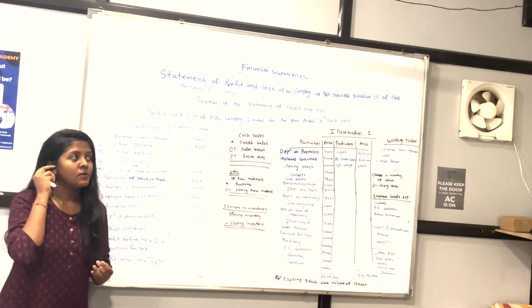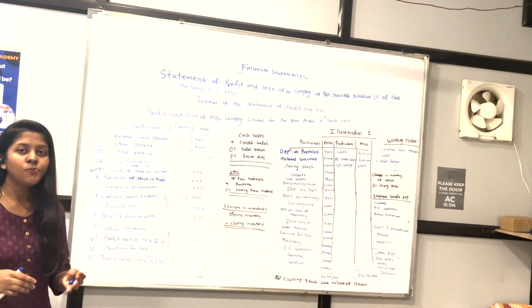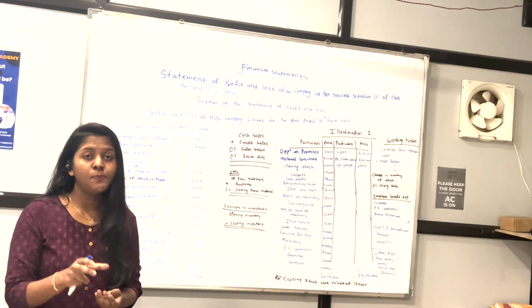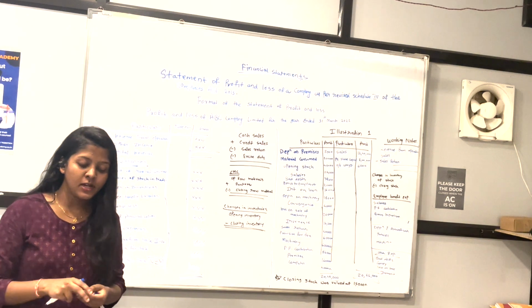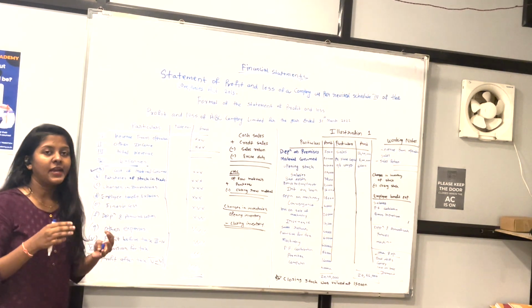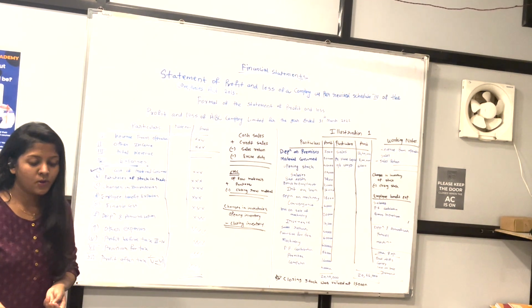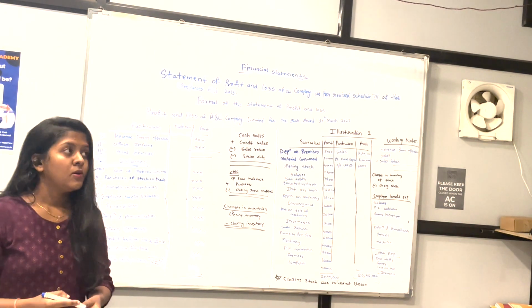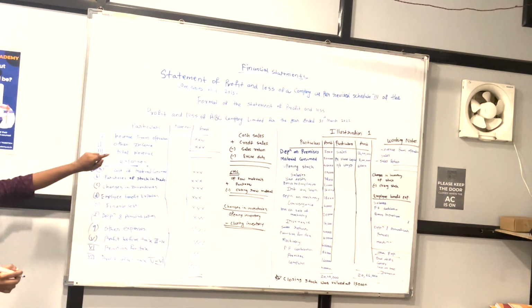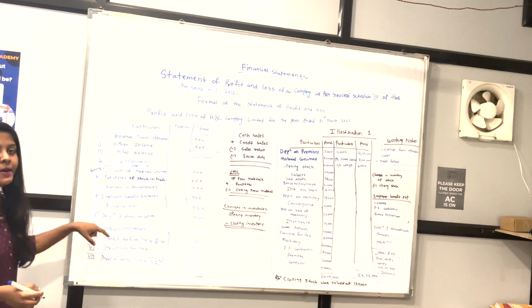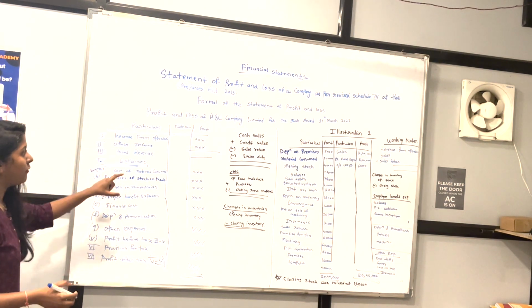The profit and loss account shows the performance of the company, and in it we find out how much is the net profit or net loss of the company.